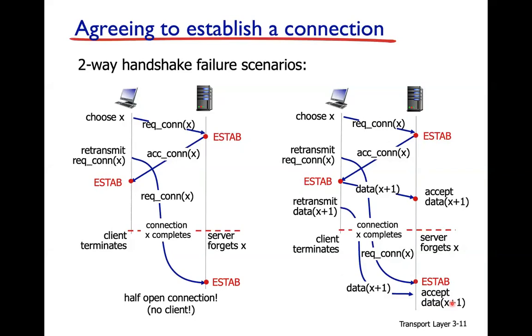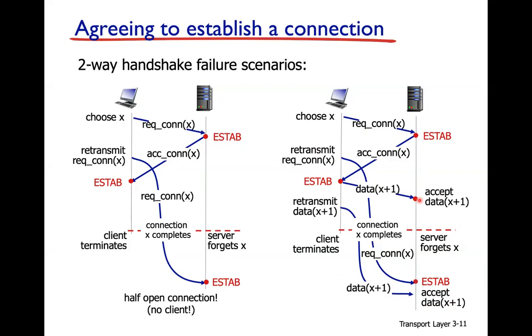This will be very, very bad. Usually when you set up the connection, what is the first message you send? Your first message is probably your user ID, right? You provide your user ID or your username.